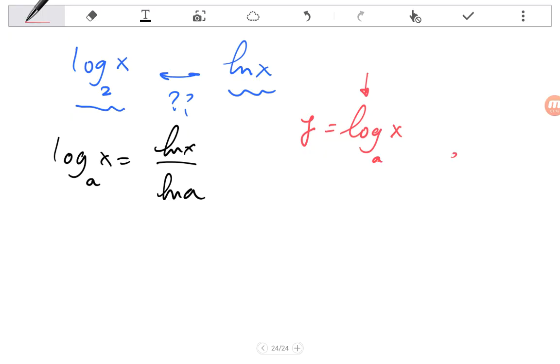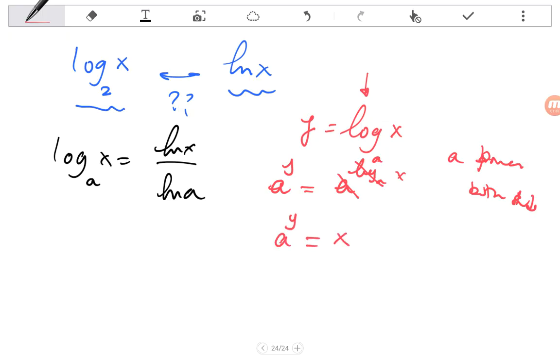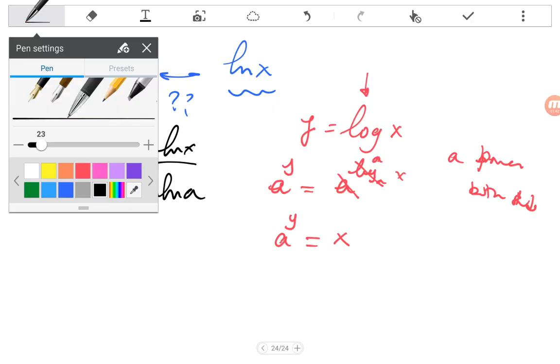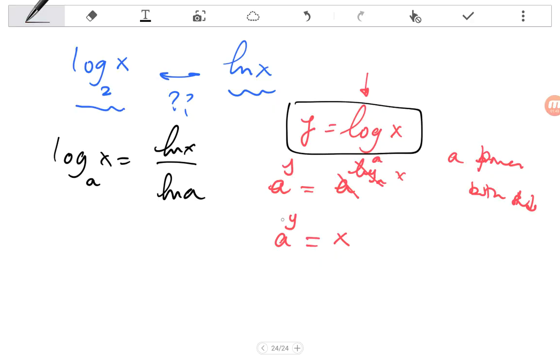So I take a to the power of both sides, which will give me a to the power y equal to a to the power log base a of x, and these two effects will cancel each other, so that we have a to the power y equal to x. That is exactly the equivalent relation.